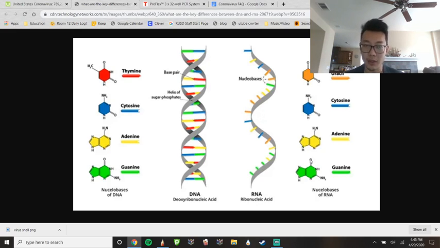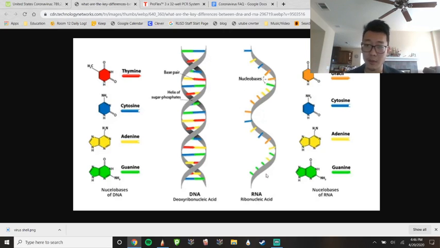The only difference between the two is these little colorful pieces that match up, like this yellow goes there, blue goes in there. We can think of those as letters inside of a message. DNA is essentially this very long message coding your body, telling you exactly how to create parts of your body and how your body should function.